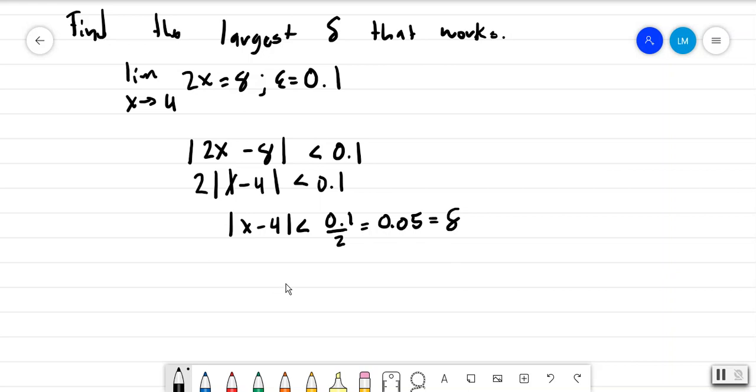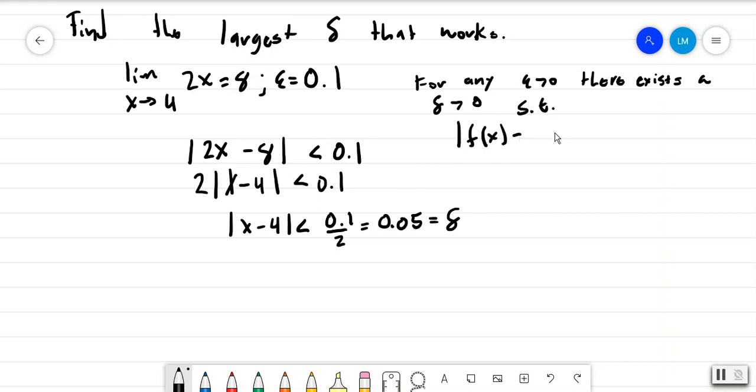Remember that the definition says that for any epsilon greater than 0, there exists a delta greater than 0, such that the function minus the limit value has to be less than epsilon whenever 0 is less than the absolute value of x minus 4, and that's less than delta.